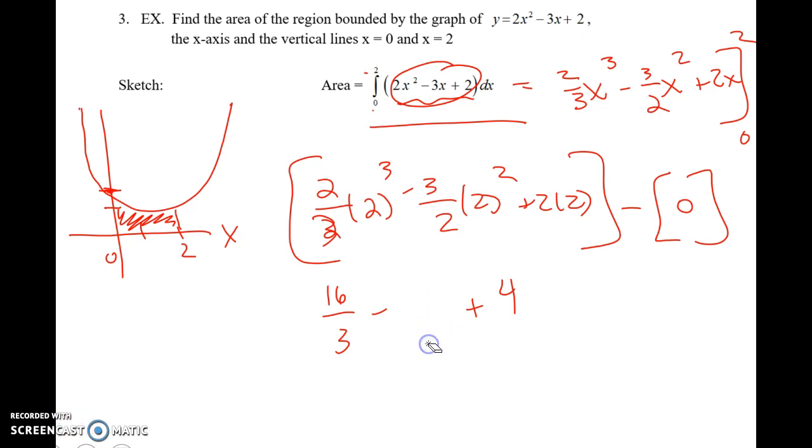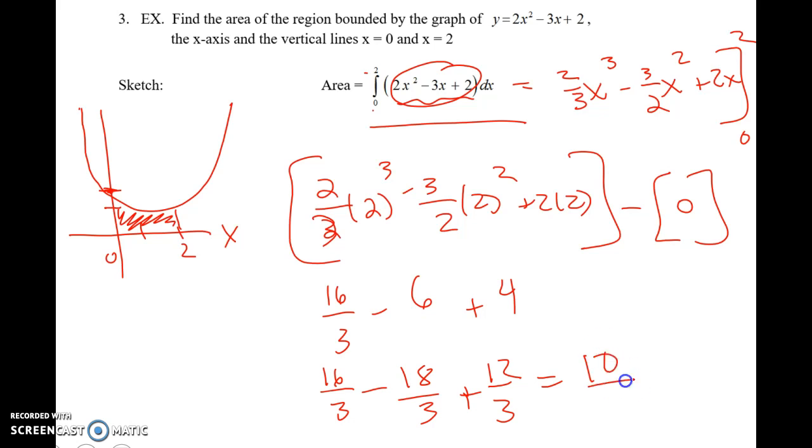I'm still going to need to make common denominators, make them all thirds. So I'll have 16/3. 6 will turn into 18/3. 4 will turn into 12/3. So I could do 16 minus 18 is -2, plus 12 will be 10/3, minus the 0, which is still just 10/3 as your final answer.